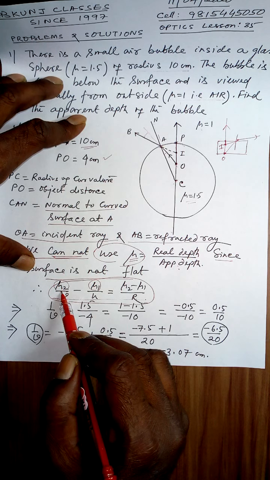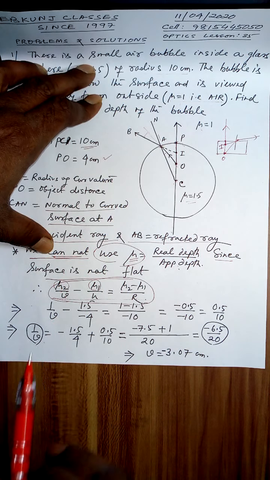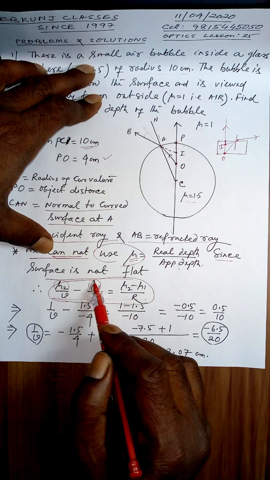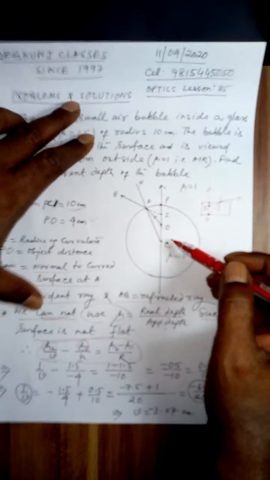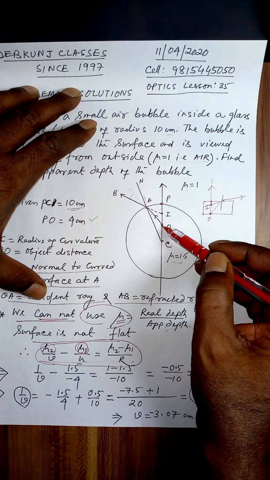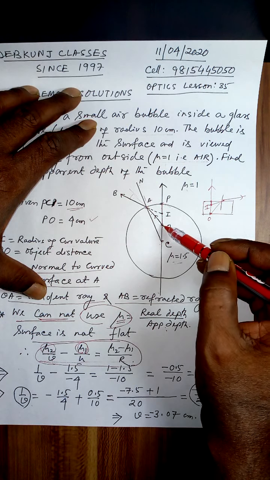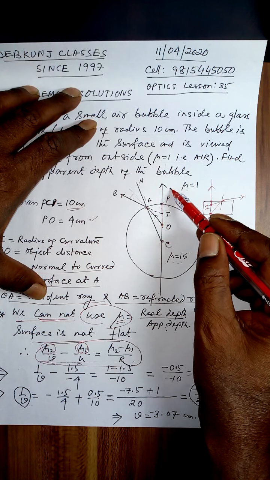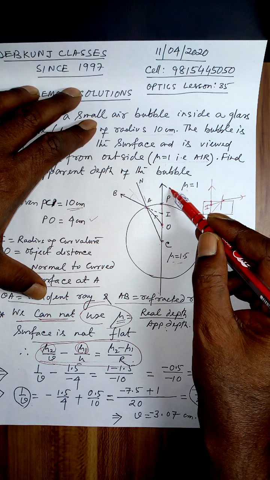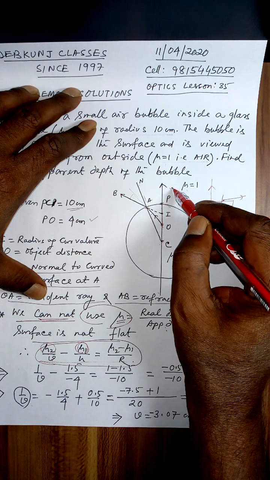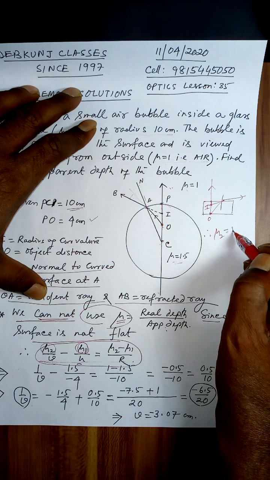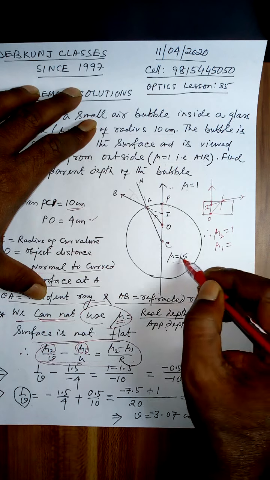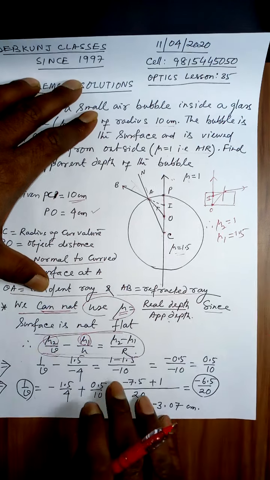So here, O is the object in the denser medium. Light is going from this medium to this medium. Therefore, mu2 is equal to 1 and mu1 is equal to 1.5.